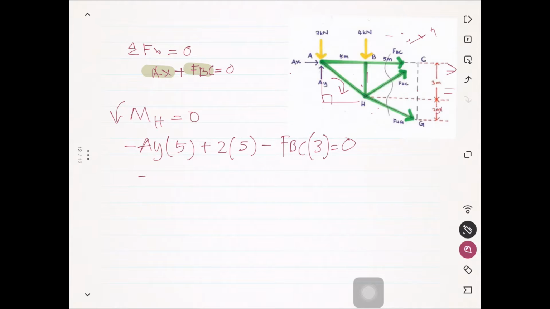So we've got 8.25 multiplied by 5 plus 10 minus FBC multiplied by 3 equal to 0. We get FBC equal to negative 10.42 kilonewton.